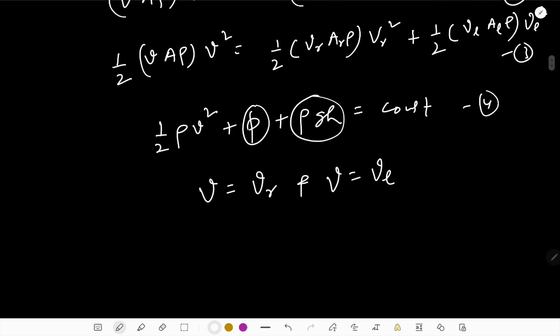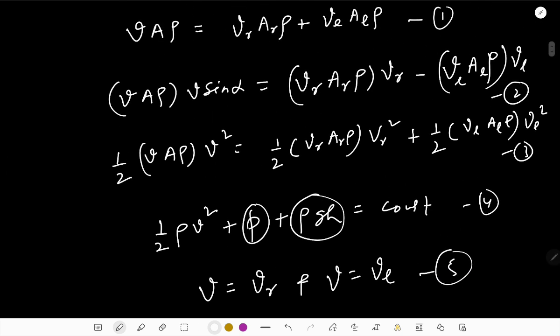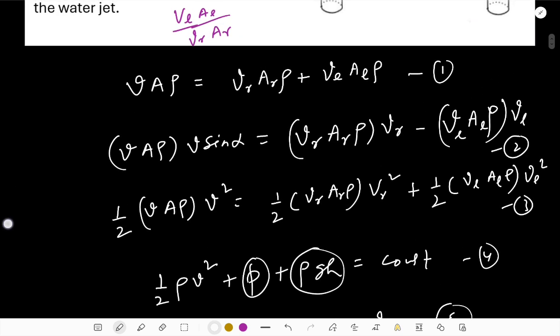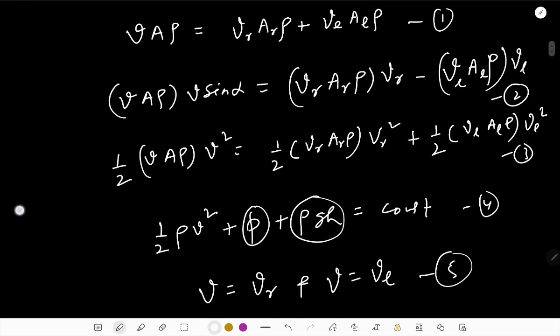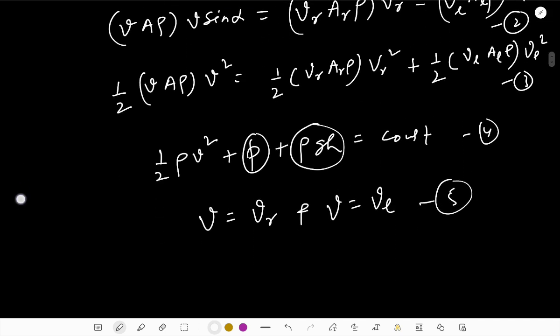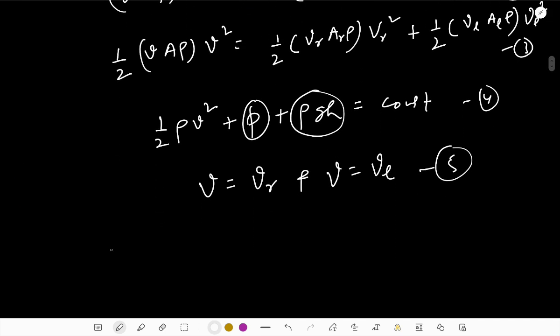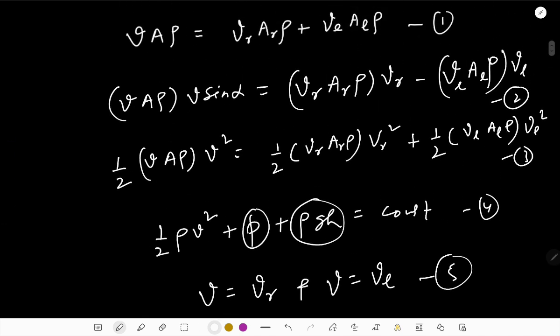And it simplifies everything else. Now we are going to use all the equations together, and mostly I would like to use equation 1 and equation 2. I needed to find this ratio, V_L A_L divided by V_R A_R, and it now looks simply like A_L by A_R.